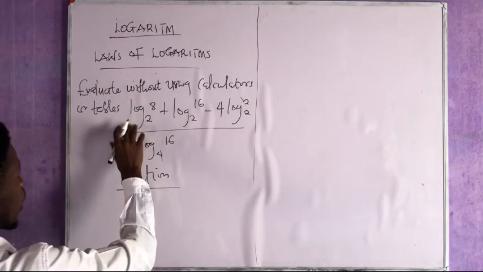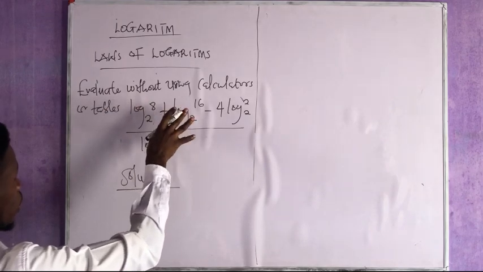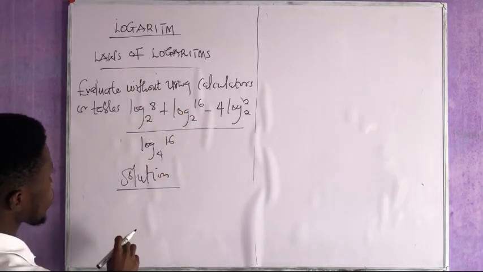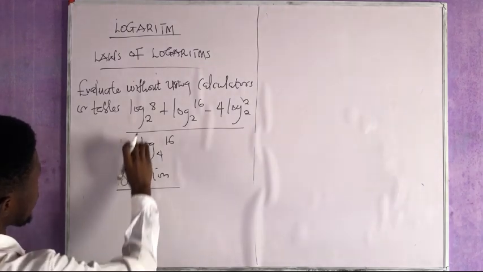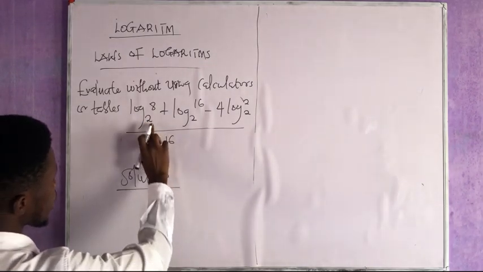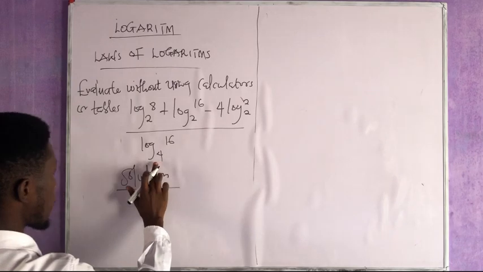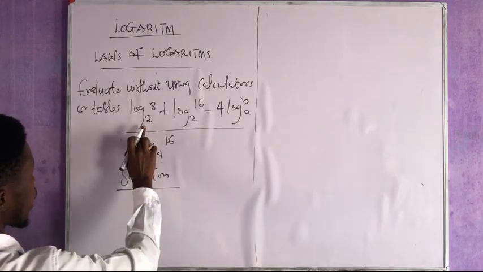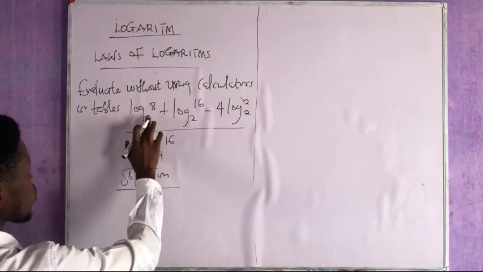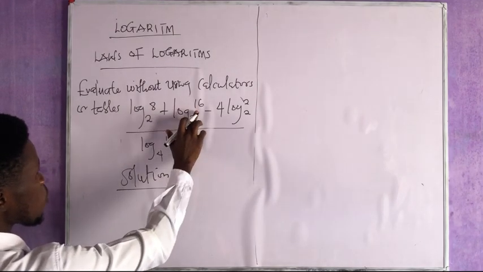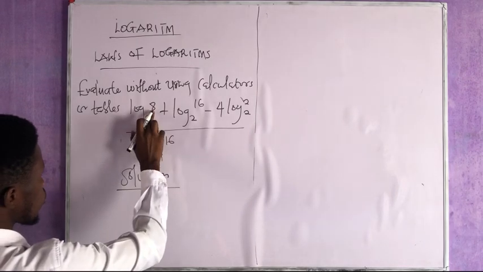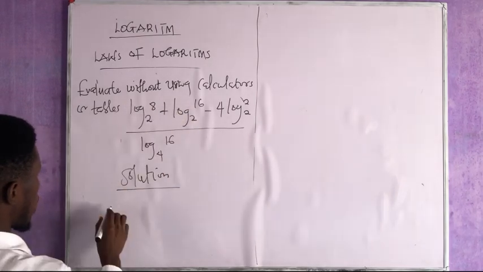The question is saying that we should evaluate without using calculators or tables. So how can we do this? Look, here is base 2, base 2, base 2, here is base 4. Now our aim here is to make these have base 2, the same. If I am able to make that the same, then we can move along.